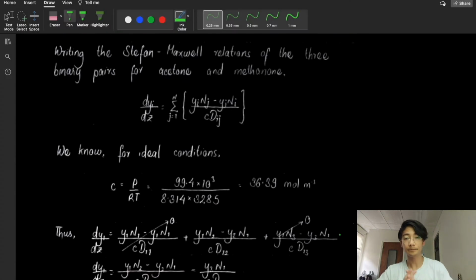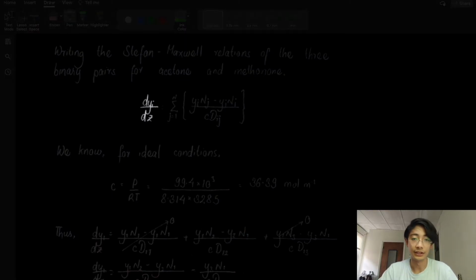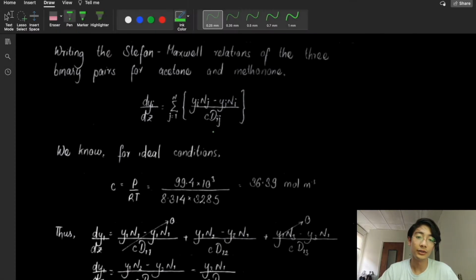So why is that? So let's start by looking at this main relationship. So what do we know about this in our problem? So we don't know the mole fraction of any of the components at all points, and we don't know the molar fluxes either. But we do know the concentration, and we do know the Stefan-Maxwell diffusion coefficients. Now, in this problem, these four components are actually constants because the temperature and pressure inside the Stefan tube are constant.